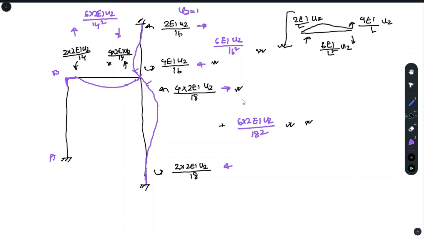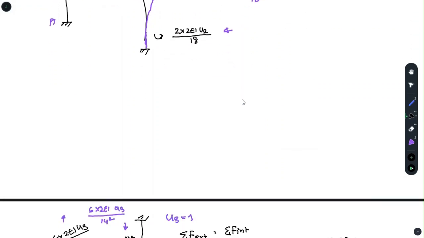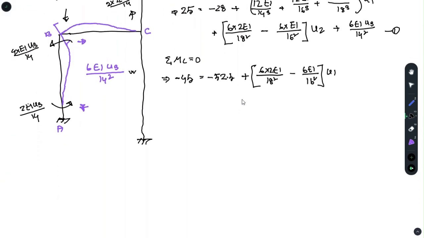We have another moment of 4 EI U2 over L1, which is anticlockwise, hence positive. We have another moment of 4 multiplied by twice EI U2 over L. So these are the three moments we're getting at point C after the application of DOF U2. So under this, we'll get a moment of 4 EI over L1 plus 4 multiplied by twice EI over L plus 4 multiplied by twice EI over L2.